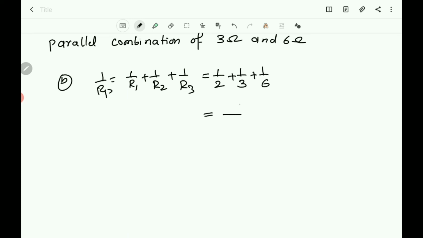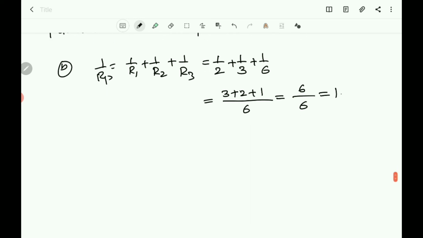The LCM is 6 here: 2 3s are 6, 1 3 is 3; 3 2s are 6, 1 2 is 2; plus 6 1s are 6, 1 1 is 1. That is equal to 3 plus 2 plus 1 over 6, which equals 6 by 6, equal to 1. So here you will get 1 by connecting all the 3 resistances in parallel.